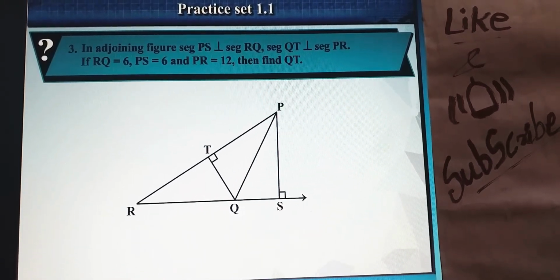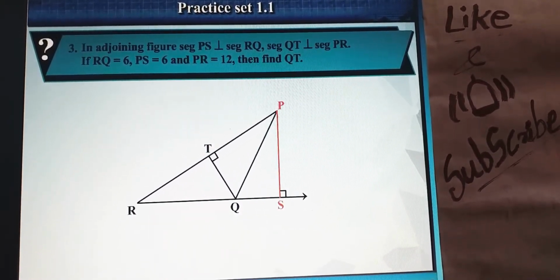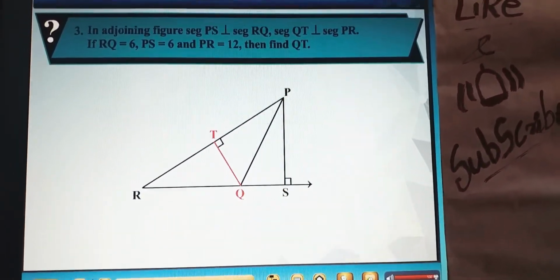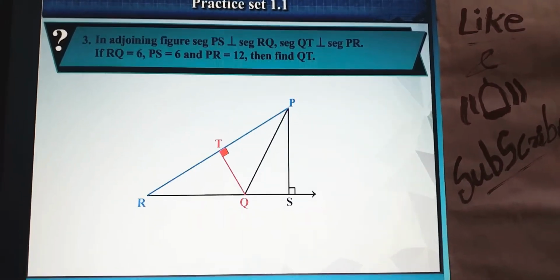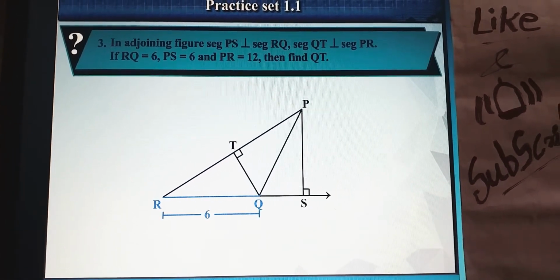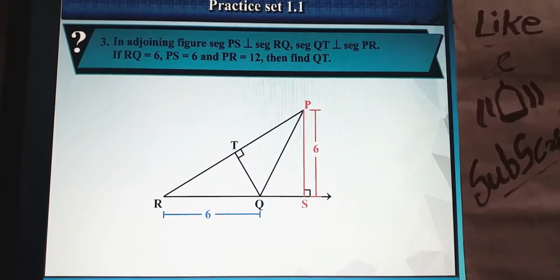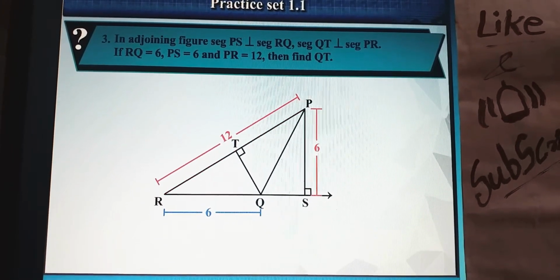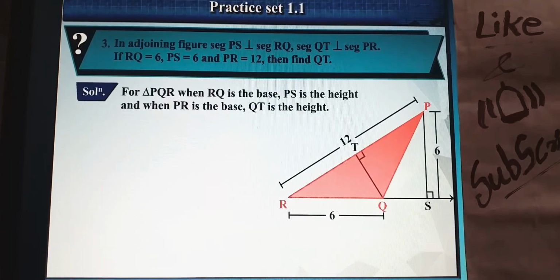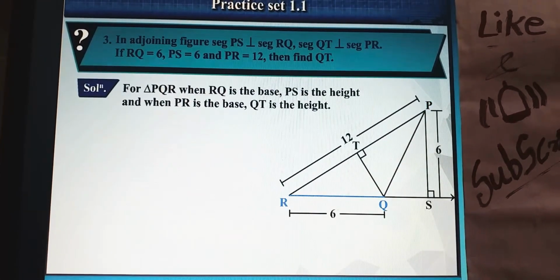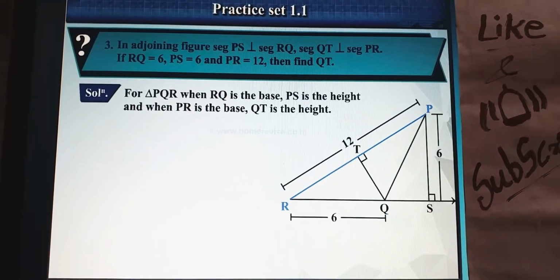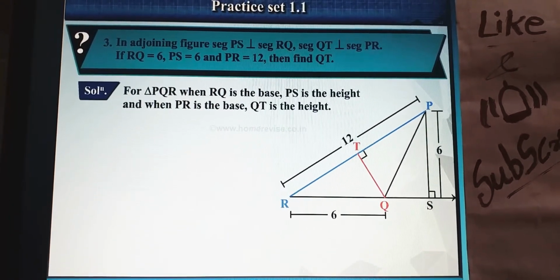3. In the adjoining figure, segment PS is perpendicular to segment RQ. Segment QT is perpendicular to segment PR. If RQ is equal to 6, PS is equal to 6 and PR is equal to 12, then find QT. Solution. For triangle PQR, when RQ is the base, PS is the height, and when PR is the base, QT is the height.